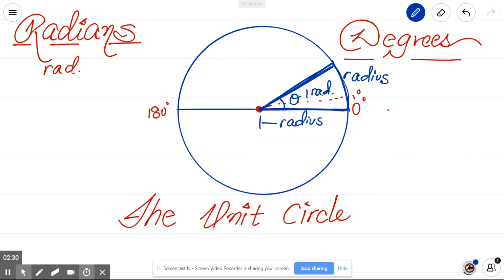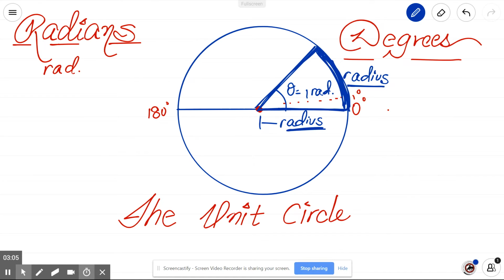So I want to repeat myself again. The drawing is not drawn to scale because you're seeing a longer radius here and not so long a length here. Or we can just try to make it a little bit closer to scale, because I feel the radius is really long right here. So I'm going to take a longer length here. All right, so that angle theta is going to be equal to 1 radian whenever this distance, the arc length of this angle subtended, is the same length as the radius.